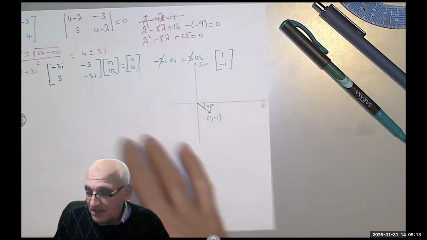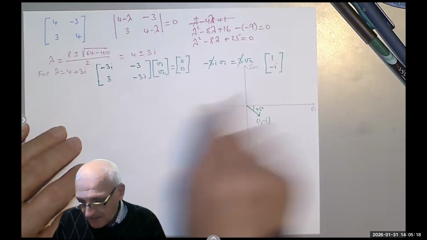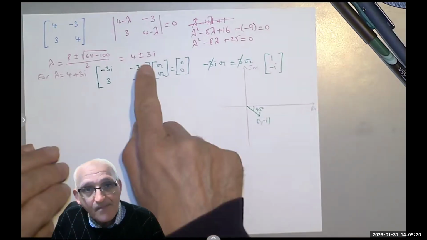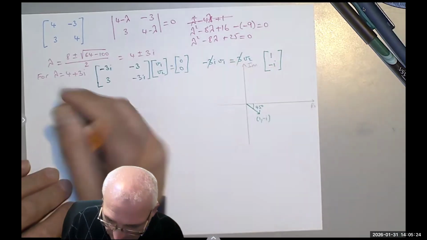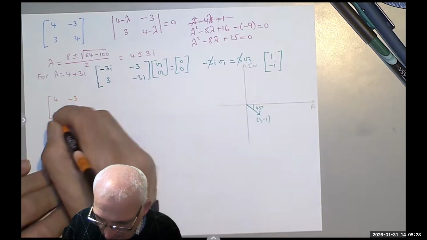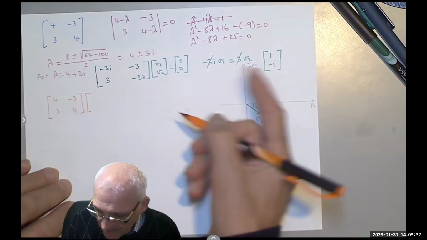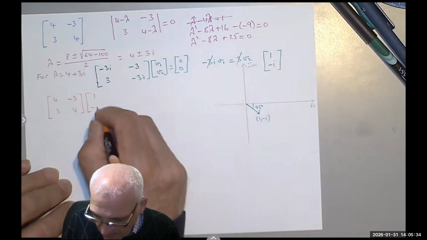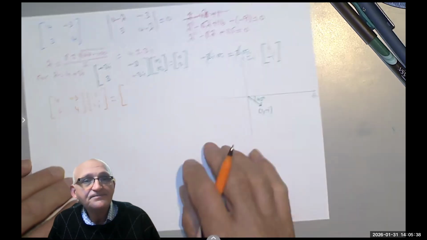Now, remember, when we had real eigenvalues, we would multiply the original matrix by that vector and we end up with a multiple of that vector.